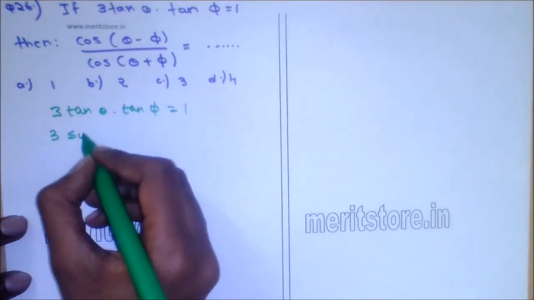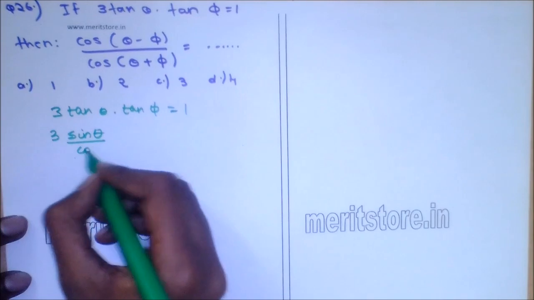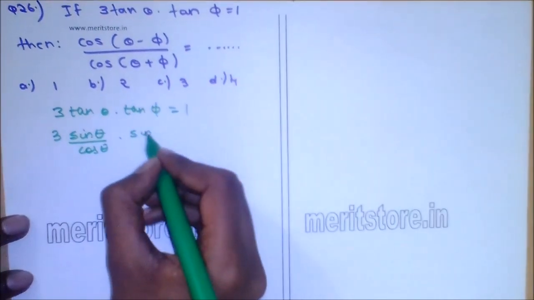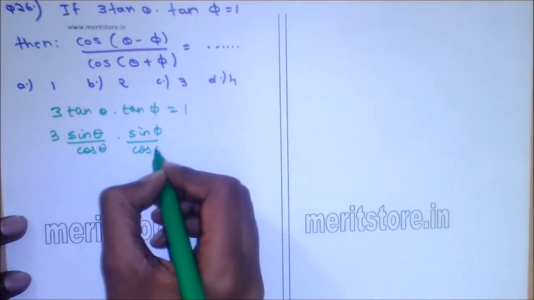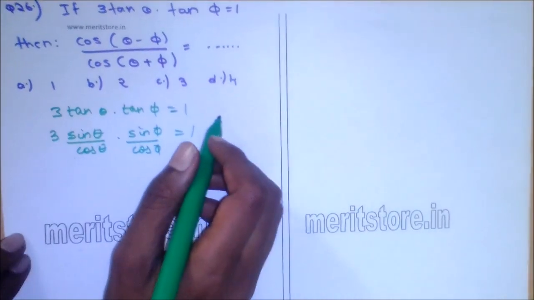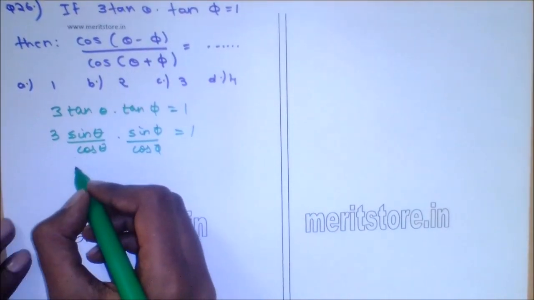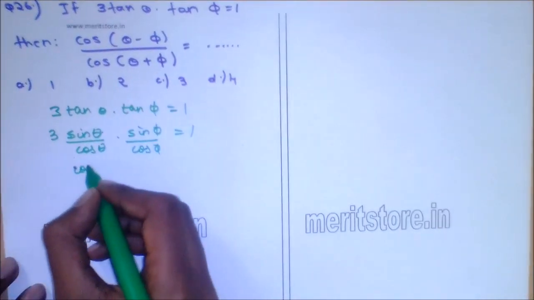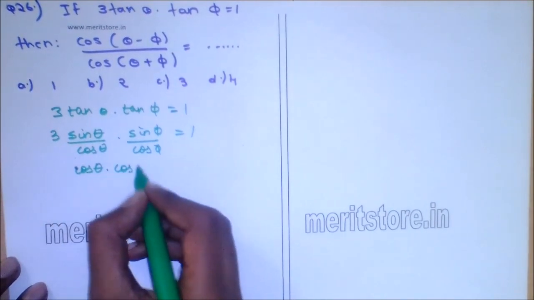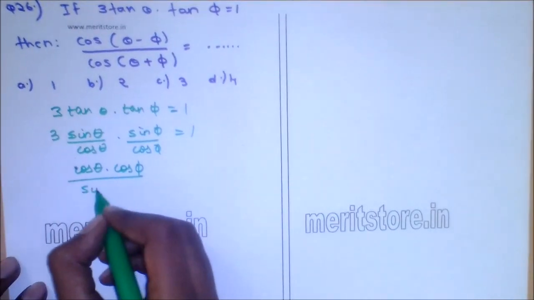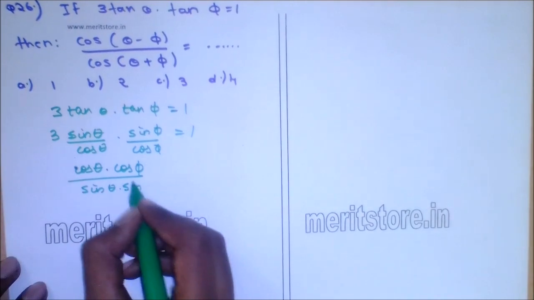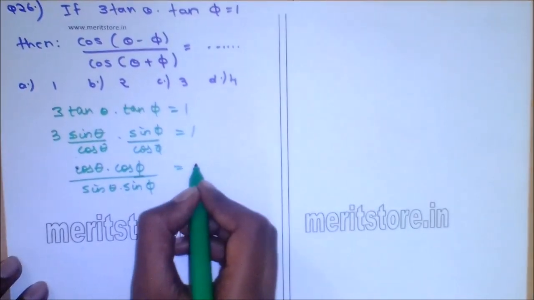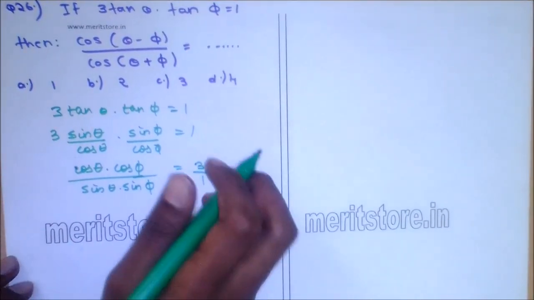So this is 3 sin theta upon cos theta into sin phi upon cos phi equals 1. That is cos theta cos phi upon sin theta sin phi is 3 by 1.